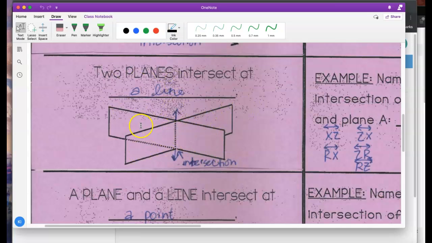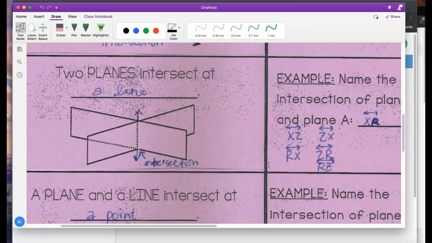If you've got two planes, two flat surfaces, you could also think of walls in your room, or the ceiling and a wall, or the floor and a wall. Those two things intersecting always create a line, the whole crease wherever they meet.